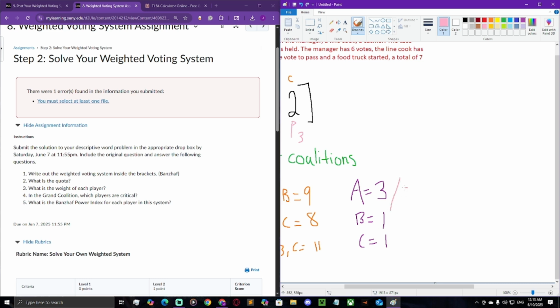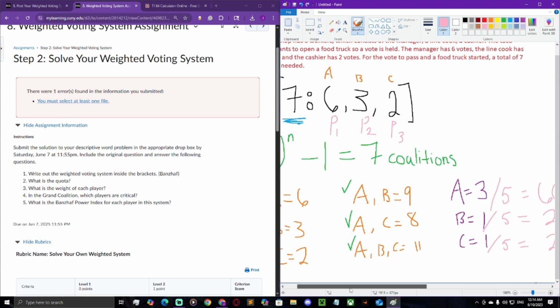So it has a weight of 3/5, which equals 60%. B is 1/5, which is 20% weight. And C is also 1/5. We got 5 by adding up the total amount of criticals and dividing against that total. So 1/5 is another 20%.